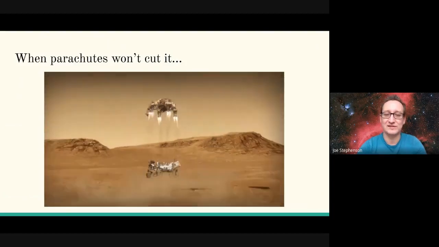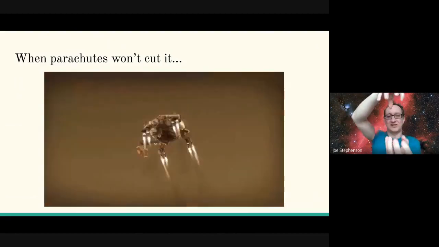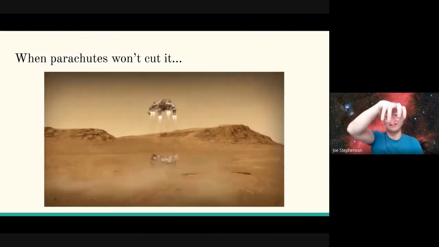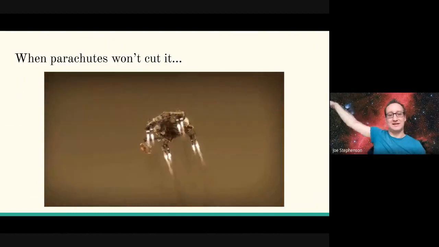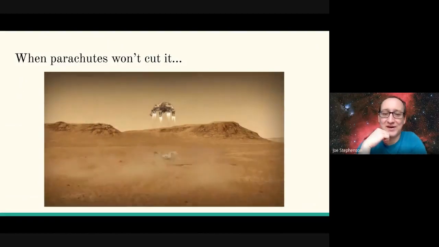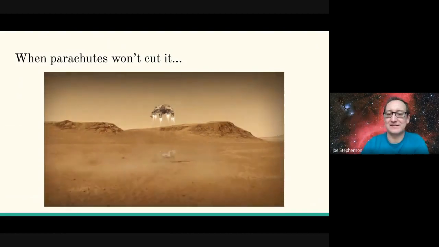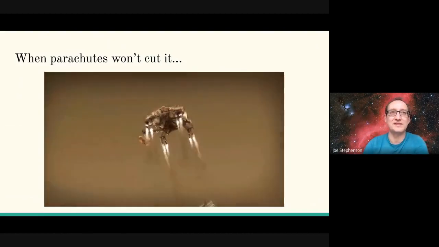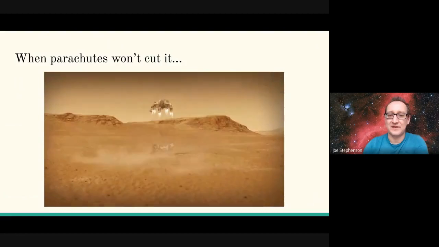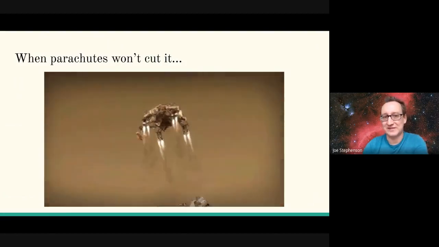They use rocket thrust to gradually lower the lander down onto the ground, and then the rocket part just flies away. So parachutes won't cut it on Mars. Although gravity is less, the air resistance is even less on Mars. It's got such a thin atmosphere. That's an interesting thing to consider.